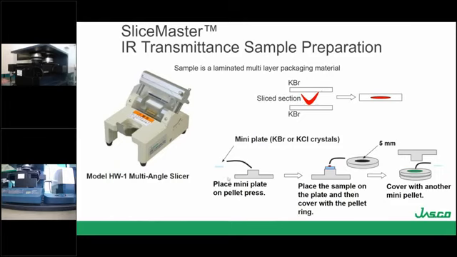So the way to prepare is just putting it in a mini press plate, and this is the die. We just put the different KBr windows, the sample is in the middle, and then it's just pressed. And this is the very traditional way to prepare KBr pellets for microscope FTIR measurement.